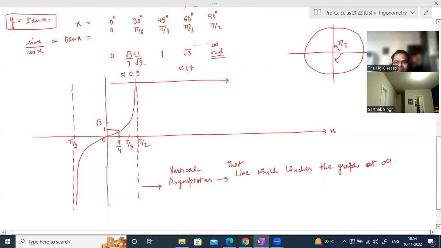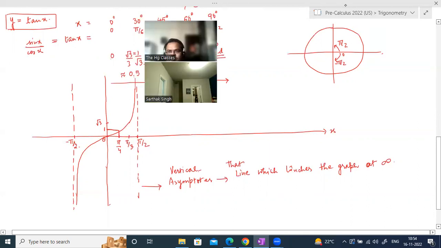We can also consider the negative angle, 0 to negative pi by 2. So if you think about it, here tan was sine over cos, and both were positive. So the ratio is also positive, right? But if you change the angle to negative, the ratio is still sine over cos, but which sign has changed?